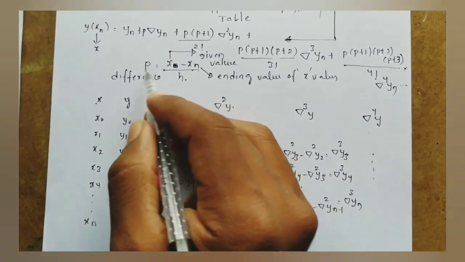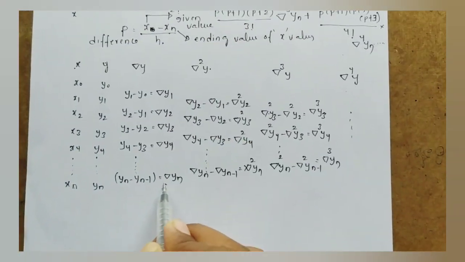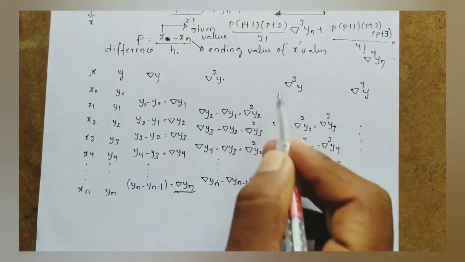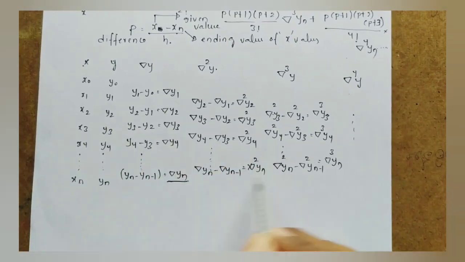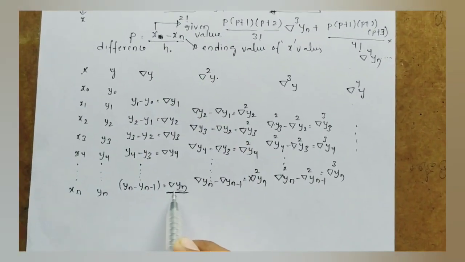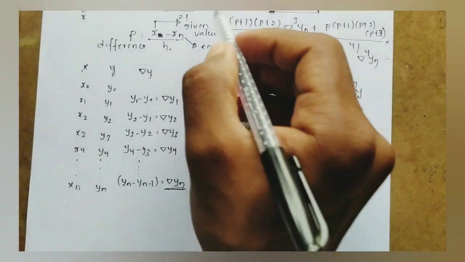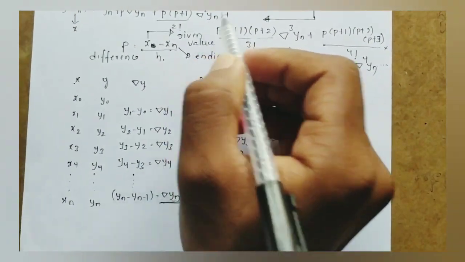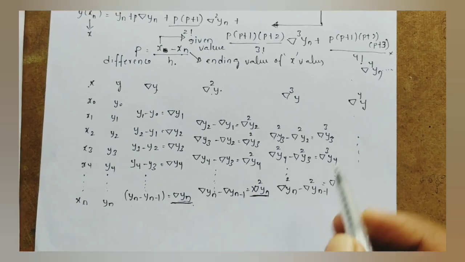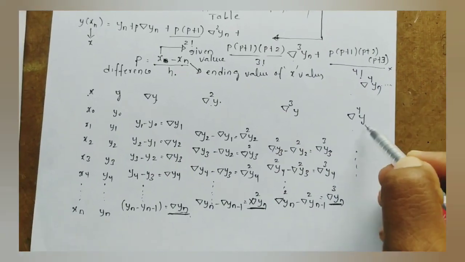Then substitute the values of p and del yn. Here del yn means, by using the backward difference table, the ending value gives the value of del yn. Del square yn gives the value in the given backward difference table, the ending values give del cube yn and del power of 4 yn.